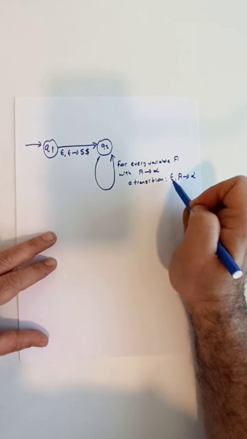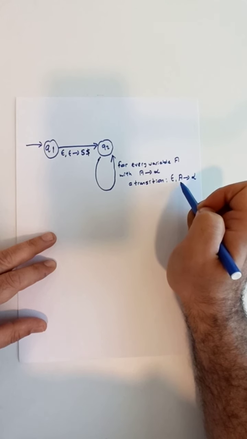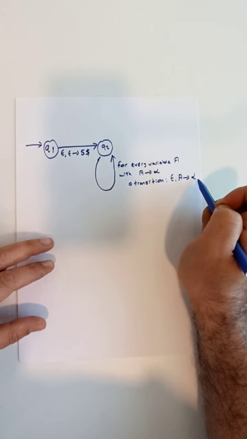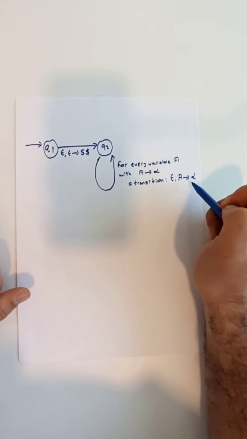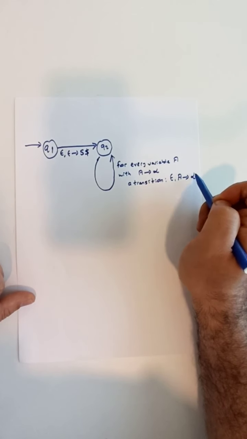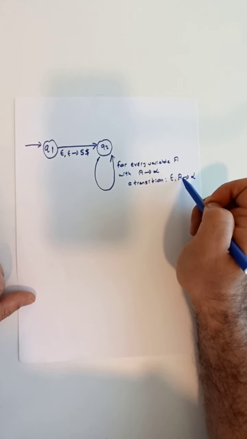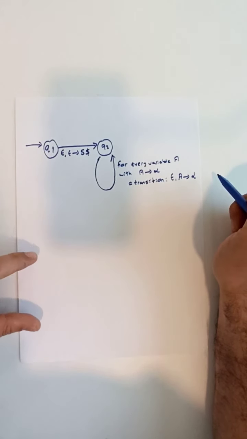The meaning of this transition is: don't consume any input symbol, pop A, the variable A, from the stack, and instead of A write down one of its right hand side rules, a string alpha. This corresponds to one step in our derivation sequence where we expand the variable A with the string alpha.